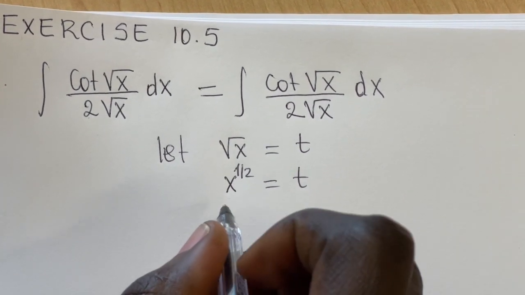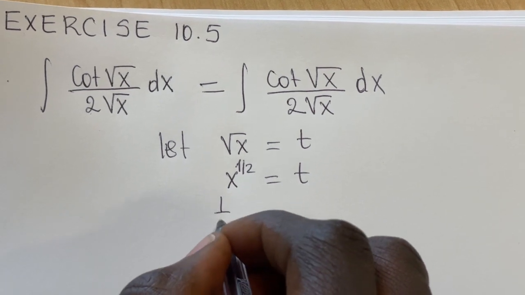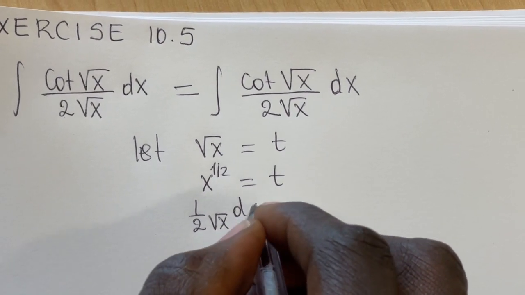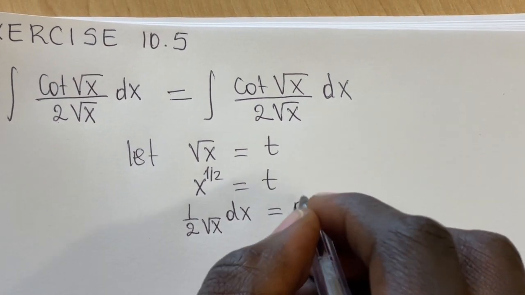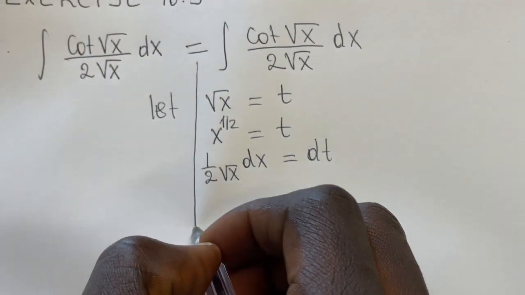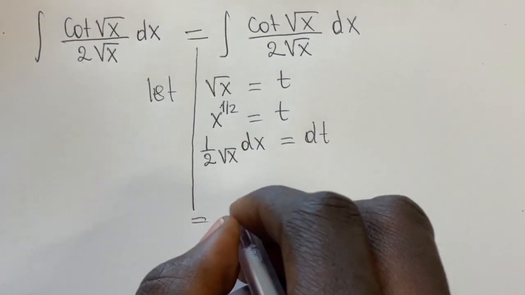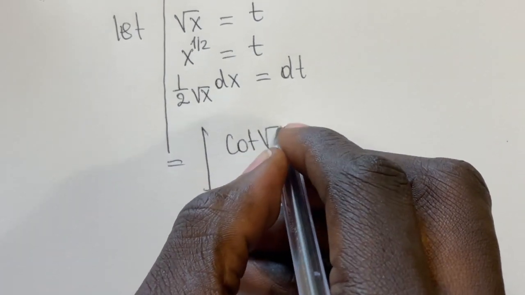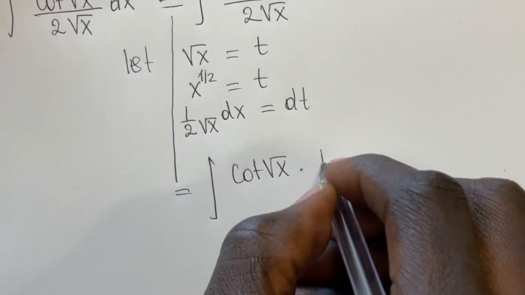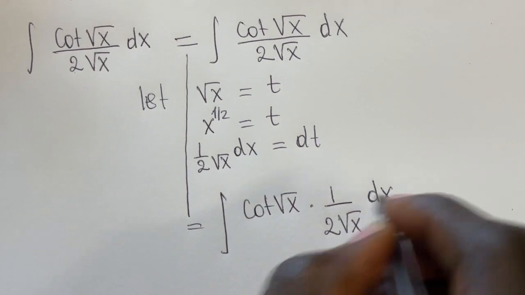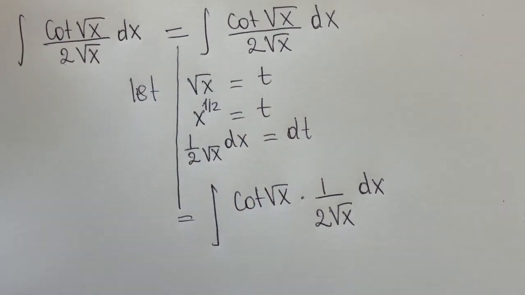You're going to apply the chain rule, so this half goes, and then you have d of square root of x over dt. If you check well, our integration can also be written like this: cot of square root of x times 1 over 2 square root of x dx. It's the same thing. This 2 is exactly what I wrote.